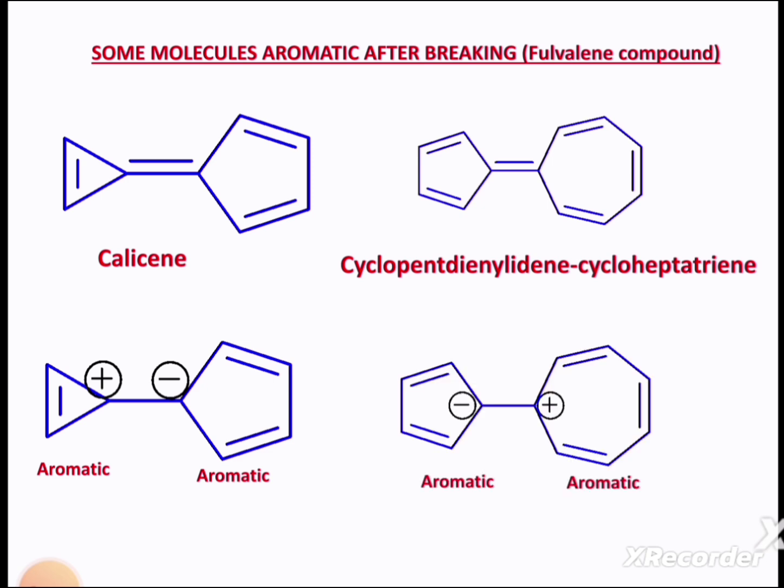The first part is aromatic, and the second part is also aromatic. One is the cyclopentadienyl anion, another is the cycloheptatrienyl cation. Both are aromatic. Both aromatic species join with each other. The whole organic compound will be ionic in nature.